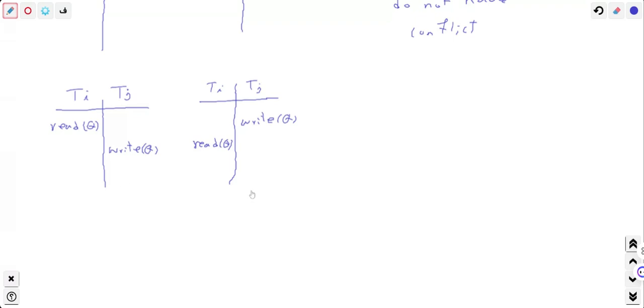Sure, now it's different. Because we'll read another amount.